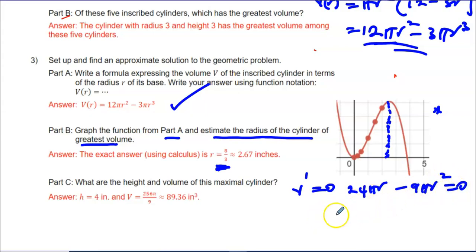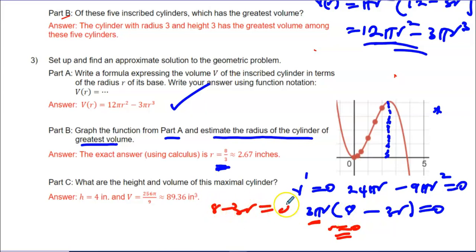Now this gives us 3 pi r times 8 minus 3r is equal to 0, since 3 goes into 24, 8 times. Now when we equate this to 0, we get r equal to 0, which of course cannot give us a maximum. And so we are going to get 8 minus 3r is equal to 0. And that gives us r equal to 8 over 3, which is almost 2.67 inches.